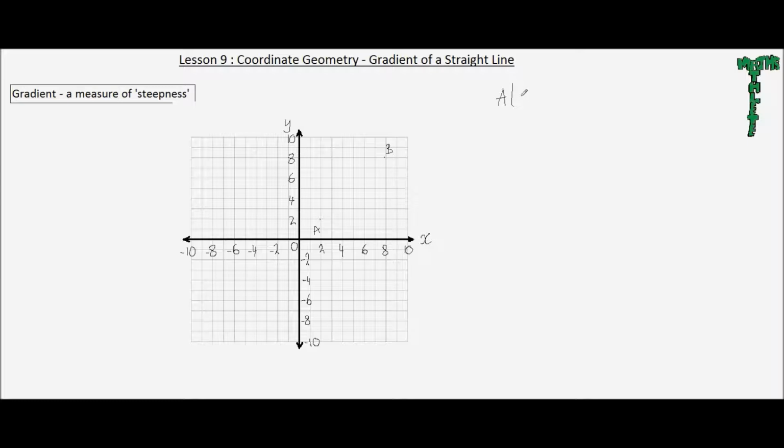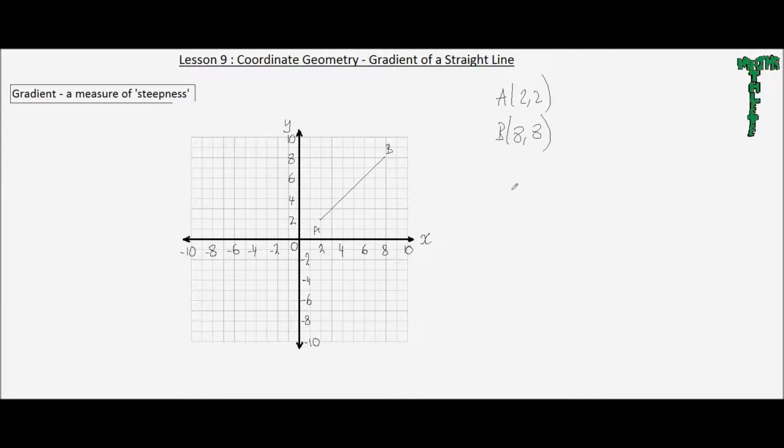So A has coordinates 2, 2. In my previous videos, I always use this point here, 2, 2 for some odd reason. Okay, and this would be 8, 8. And so let's work out the gradient of this straight line here. Let's join the points up.